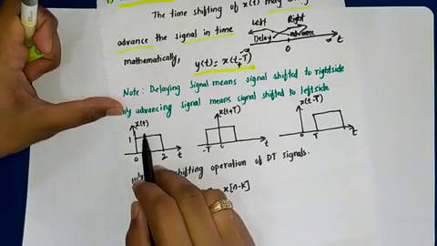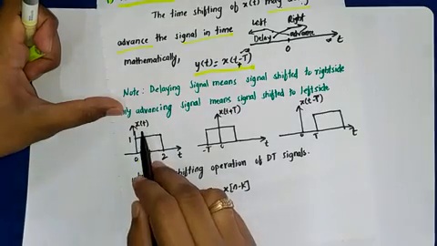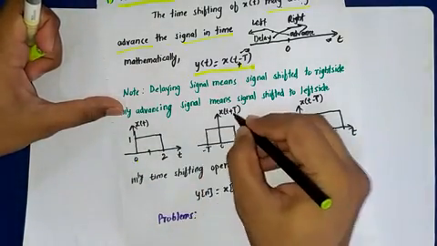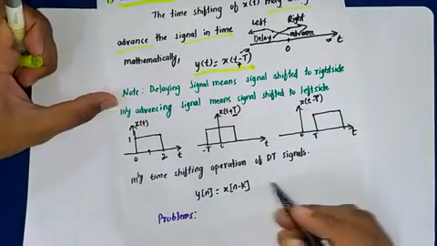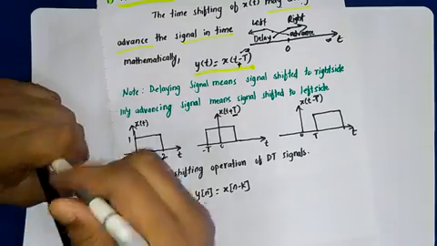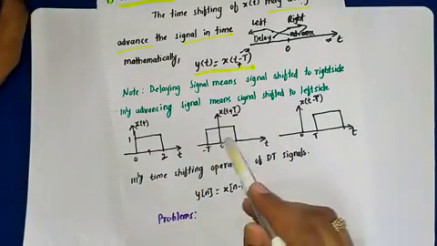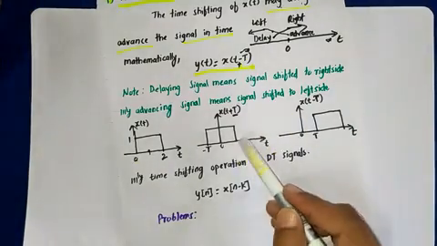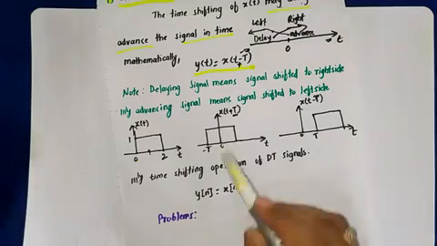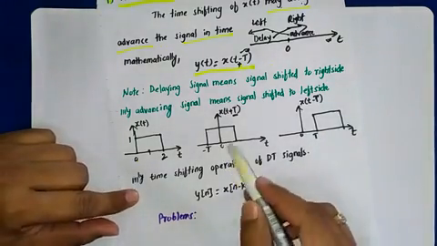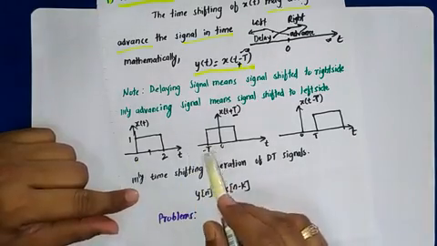Okay, now what will happen if I shift this x of t by a small amount of value t, like this t. Okay, so if I do that to the right side, that will be a delaying, and if I move towards the left side, that is an advancing.